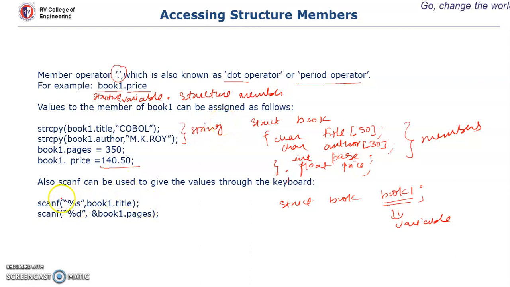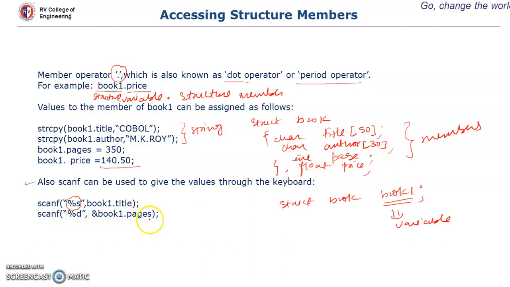Okay, and we can also use the scanf function to give the values through the keyboard. Here we are directly initializing the values, and there we are giving the values through the keyboard, so we can write the scanf function. For title, because it's a character array, I need to write the format specifier %s and book1 dot title.